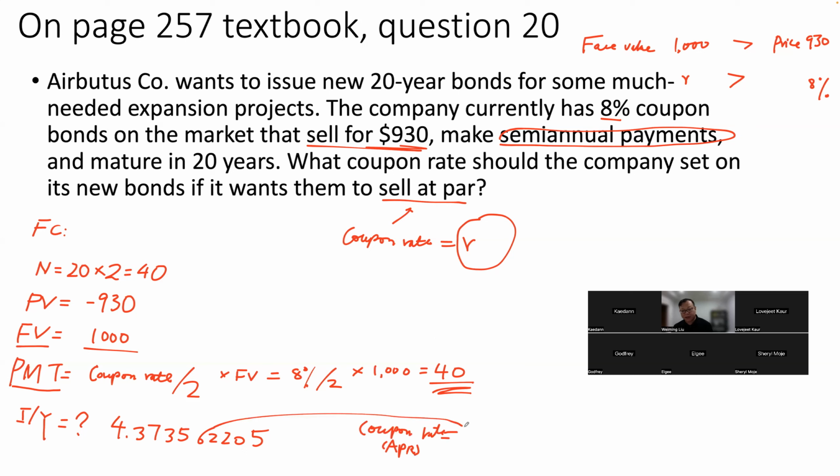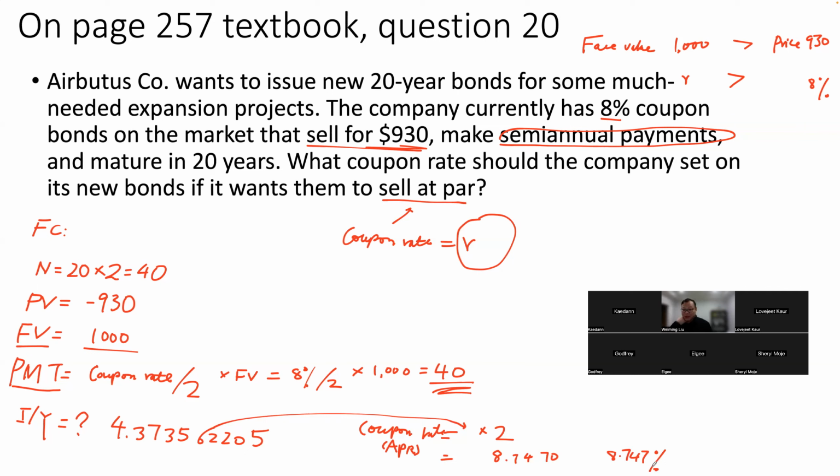Whatever the number is here, multiply by 2. So you should get, let's say, 8.747%, something like that. So that would be your market interest rate.